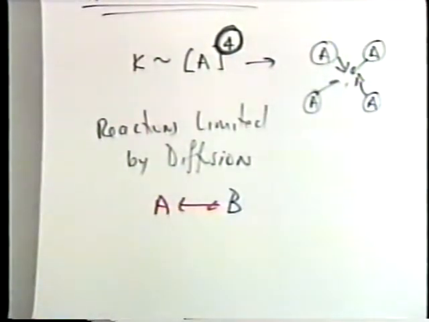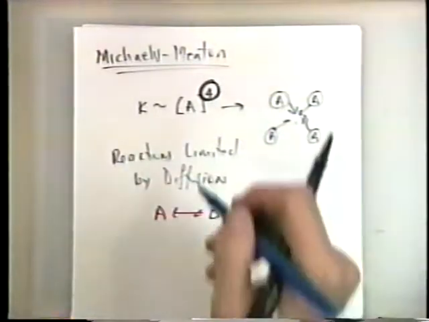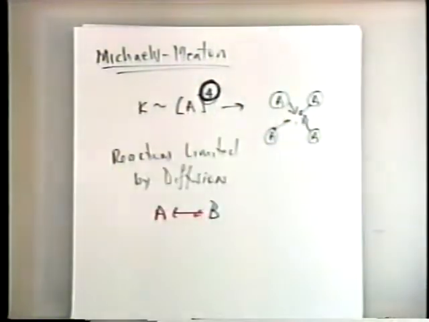So this is an example where the fractals have led to a different physical picture of what's going on and a different interpretation in terms of how you handle the data telling you what's going on in the reaction. And there's been a lot of work on diffusion-limited chemical reactions this way.